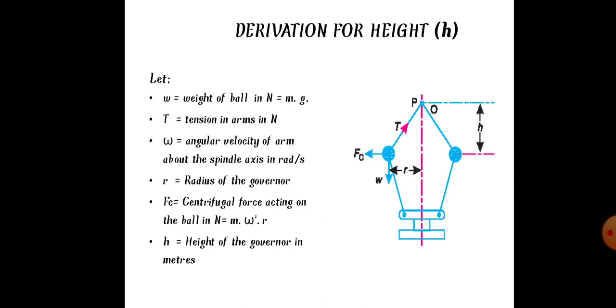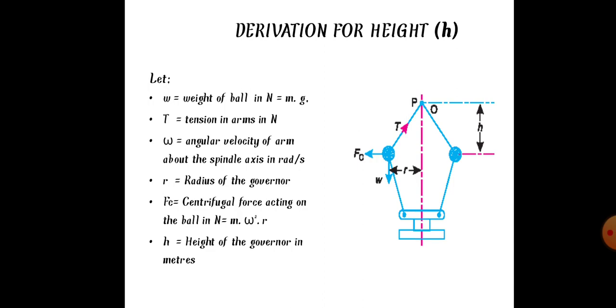Let T be the tension in the arms in newtons. Let omega be the angular velocity of the arm and ball about the spindle axis, in radians per second. Let r be the radius of the governor, that is, the horizontal distance from the center of the ball to the spindle axis in meters.